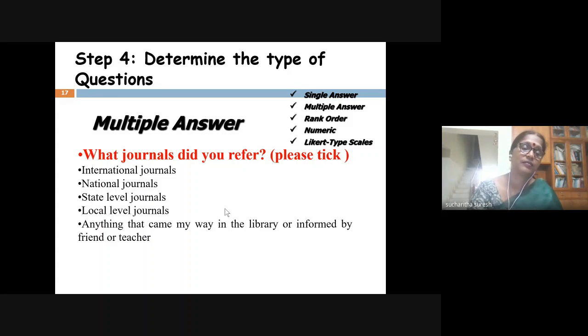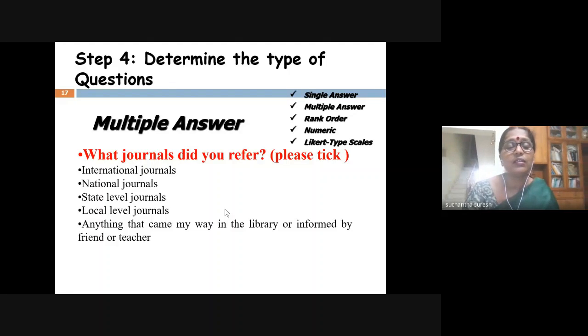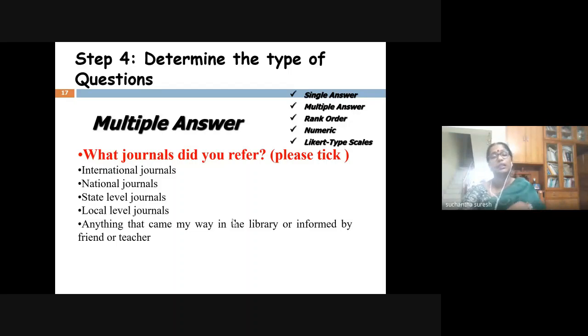Please tick. What's the meaning of that? They can tick more than one response, whether it is an international journal, national journal, state level, or local. So this type is called multiple answer.